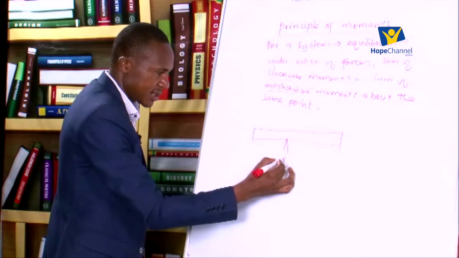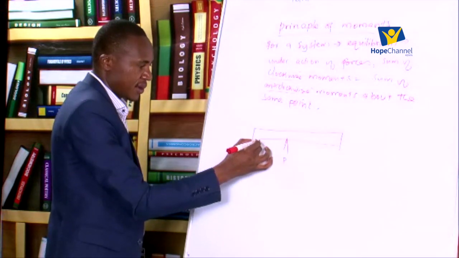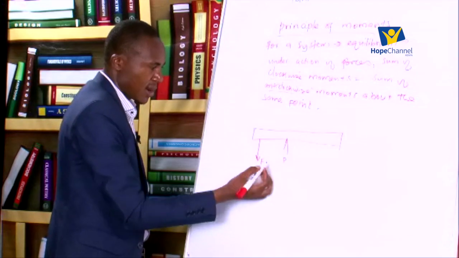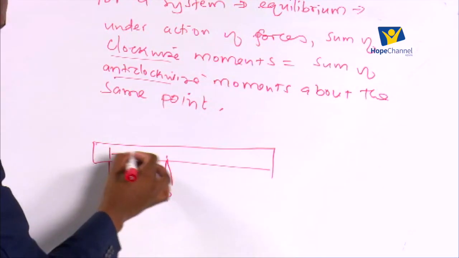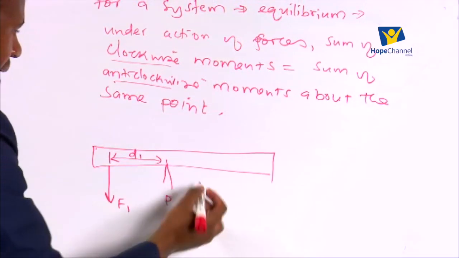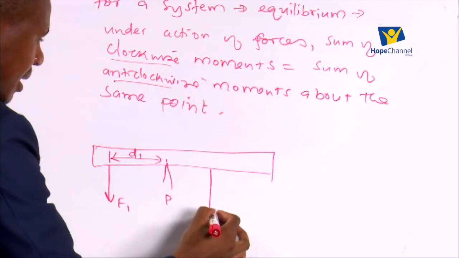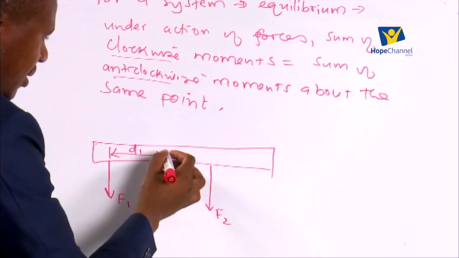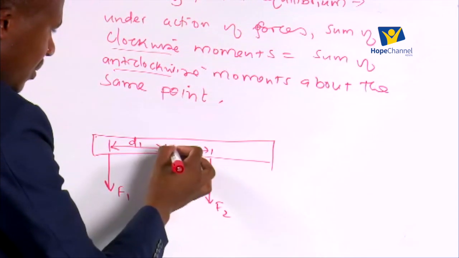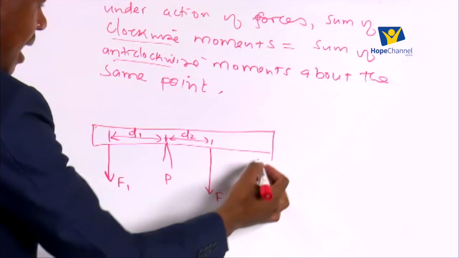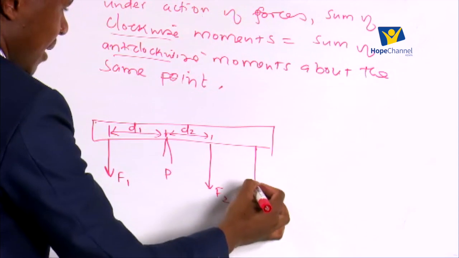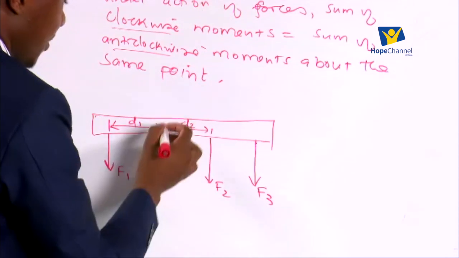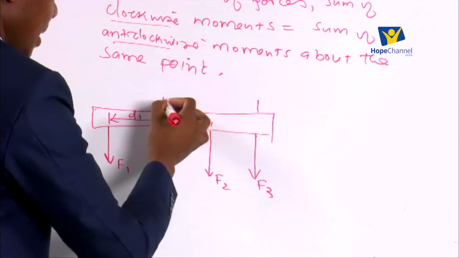So this is the pivot, P, and then we have one force here, force 1, acting downwards. From the pivot to it is D1. And then I have another force, call it F2. From the pivot to F2 is D2. And then we have another force, say F3, so that from the pivot to F3 is D3.